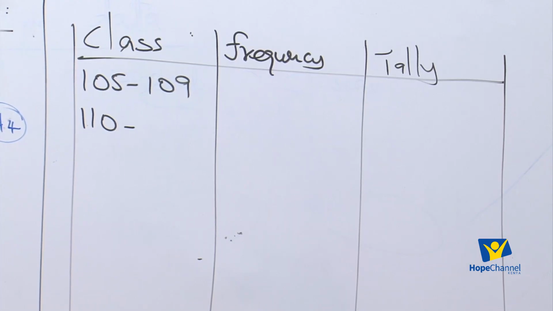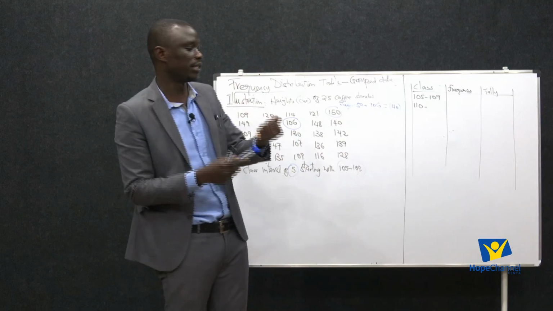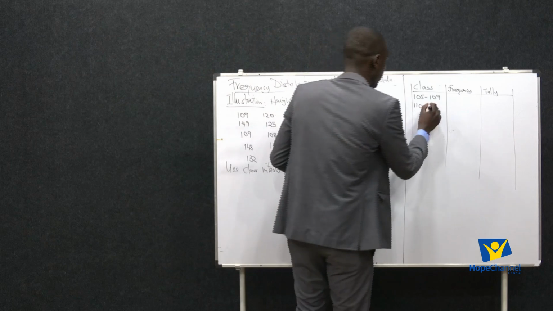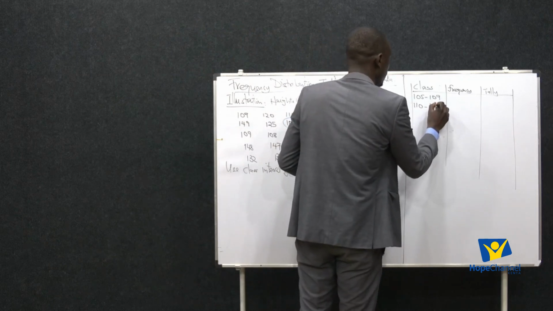Using a class interval of 5, where should it end? If you maybe don't understand complex formulas, just use simple things. 110, 111, 112, 113, 114. That is 5. So we just say 114.